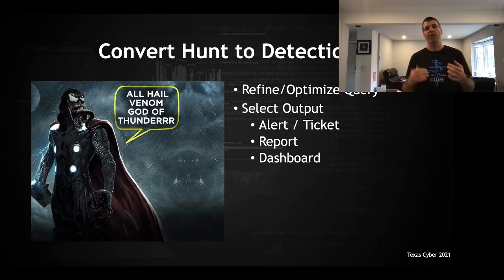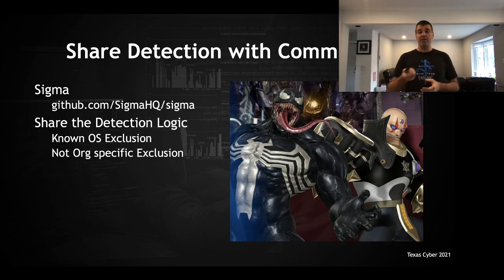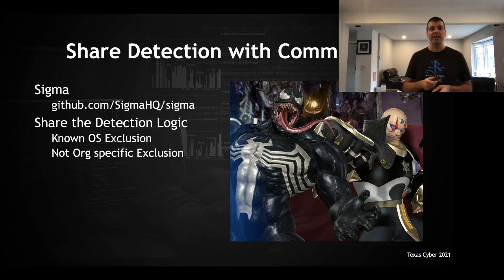There are some things that are very low fidelity that you might want to review just once in a while. So yeah, worthy of transforming, and here we have Venom and Thor. Not sure if you got the analogy, but yeah, that was it. And here, this little character is called Sigma, and that's why it is on the slide.